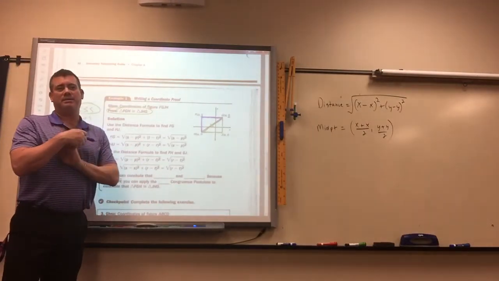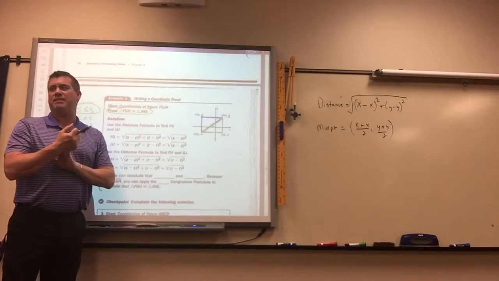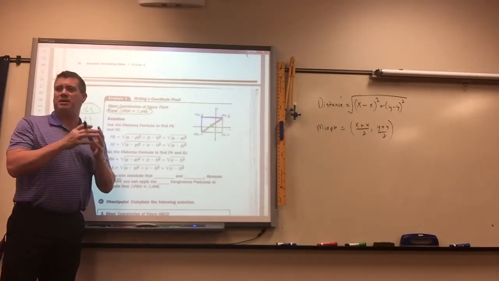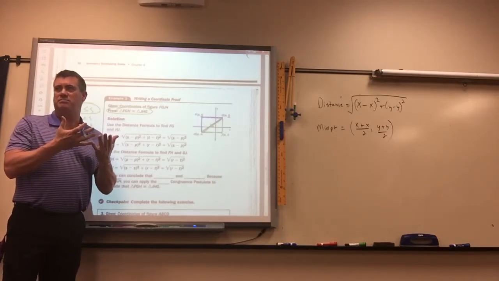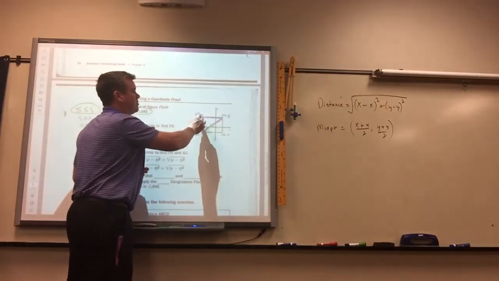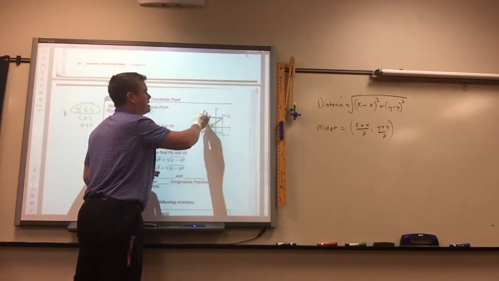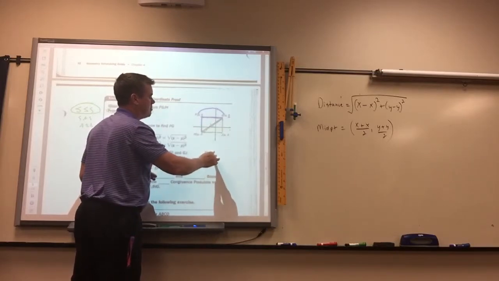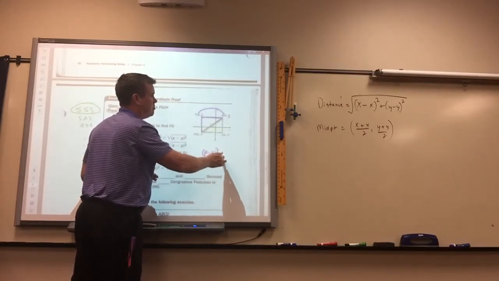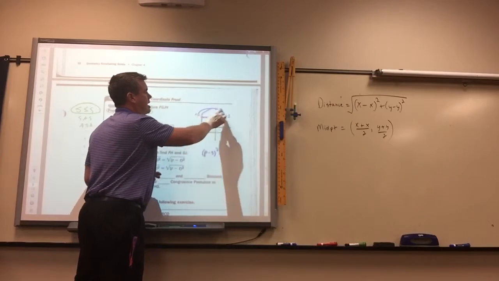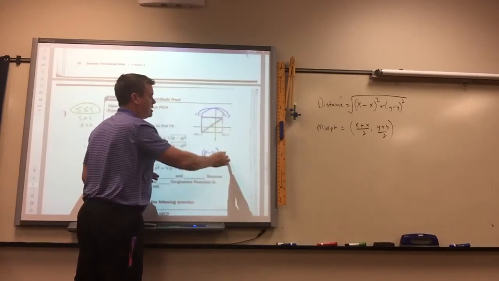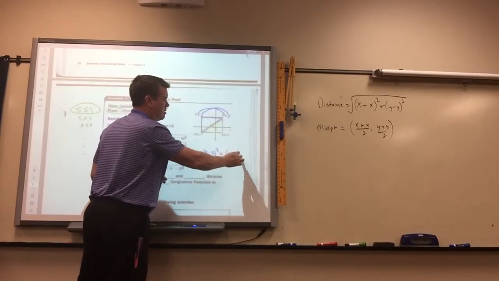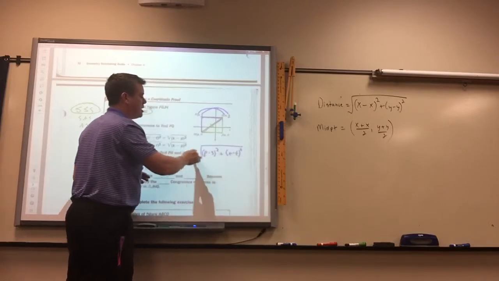And you won't get numbers for your answers. It's going to have letters in it, but as long as they end up being the same letters, then they're equal. So when you do this distance formula, x take away x, P take away S squared, plus y take away y, T take away T squared, and then you square root it.